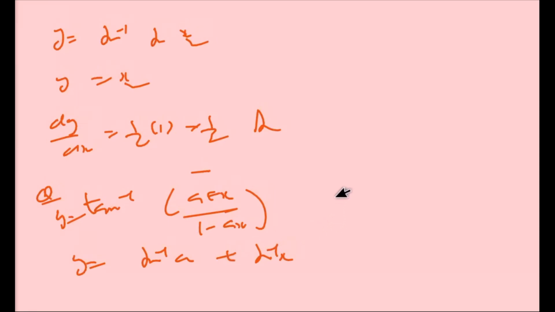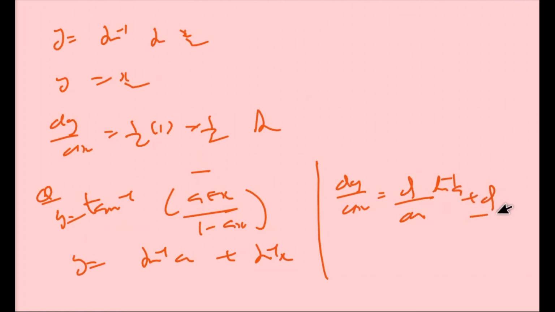So dy by dx equal to dy dx of tan inverse a plus dy dx of tan inverse x. This is a constant value, that is 0, and this is 1 upon 1 plus x square. So your answer is 1 upon 1 plus x square.